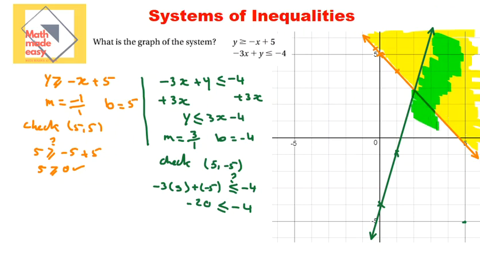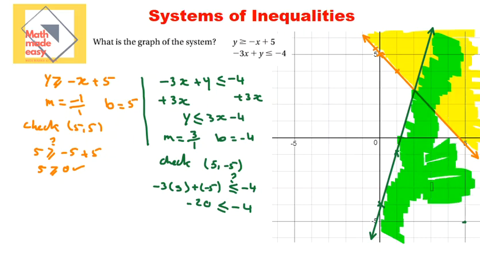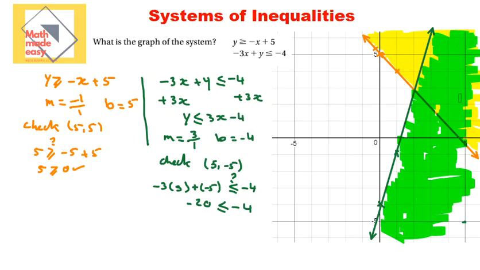Now, if you see here, there is an intersection that happened between the two shaded regions. The shaded region of the green inequality and the shaded region of the yellow inequality intersected in this region here. The intersection region is the solution of the system.